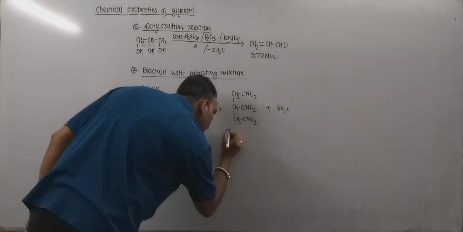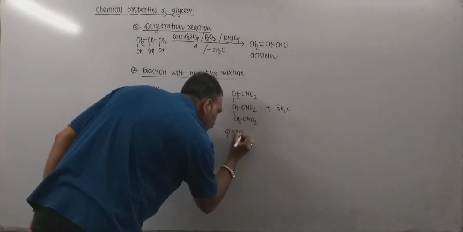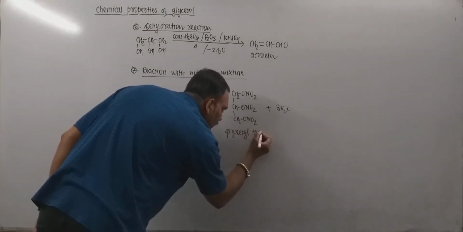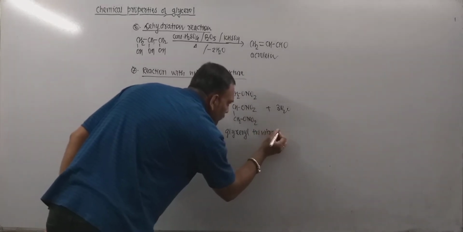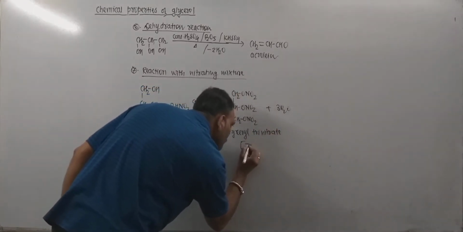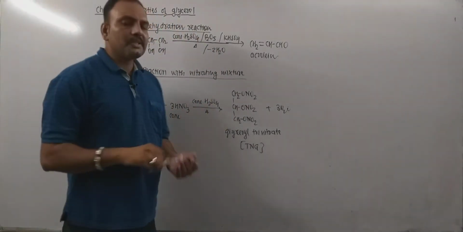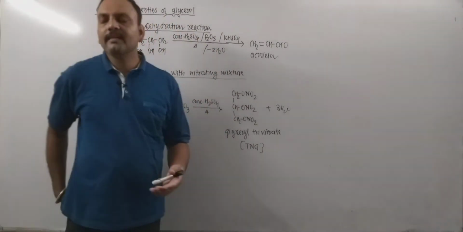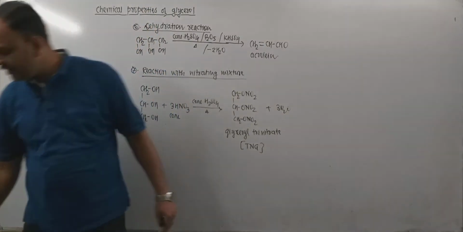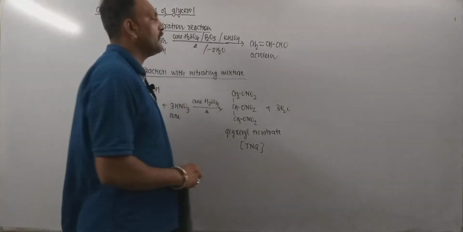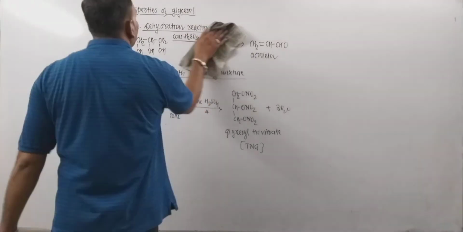This is called glycerol trinitrate, which is popularly known as TNG. TNG is an explosive material, so it is used to prepare a number of explosives like dynamite.